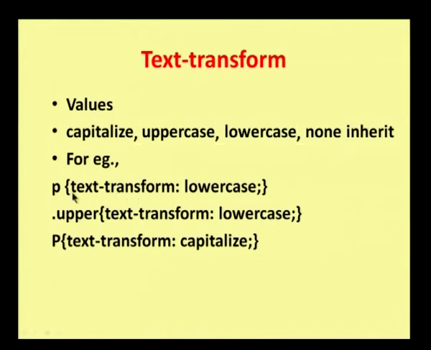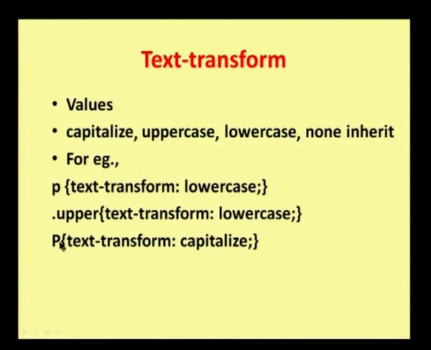So, we have a paragraph tag with the transform of lowercase letters. All the text present in that particular paragraph will be in lowercase. Next, an upper element has been defined here. This is a division named upper, and it should contain the lowercase letters.